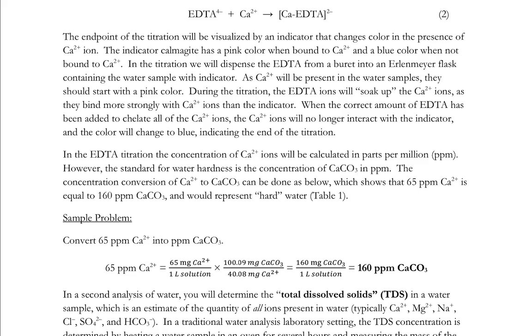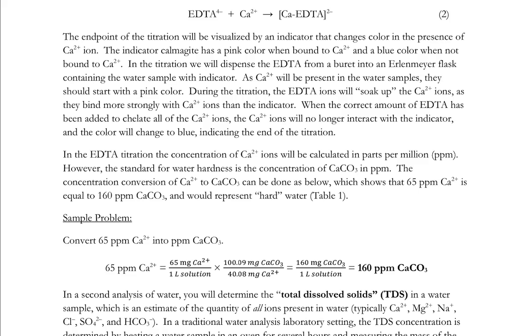So 65 ppm calcium ions means 65 milligrams calcium ions per liter of solution. We don't have to change the liter of solution part, we just have to change what's in the numerator. So we go from milligrams calcium ion to grams of calcium ions, so it's got the 1,000 to 1 conversion.